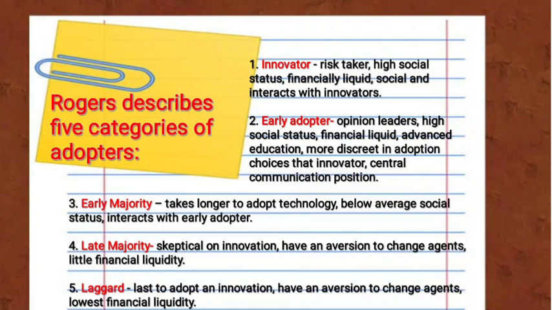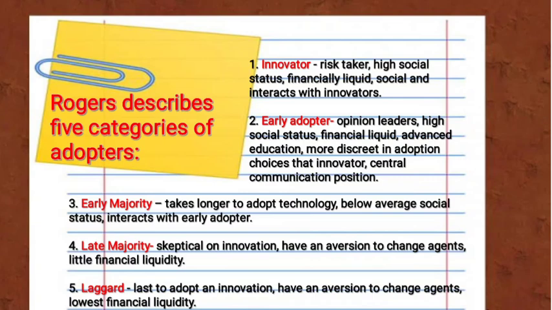Okay? So another category here of adopter is the early adopter. They are the opinion leaders. They have high social status as well, the same with the innovator, financially liquid, advanced education, more discreet in adoption choices than innovator, central communication position.